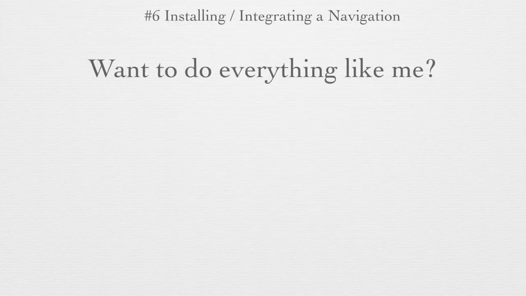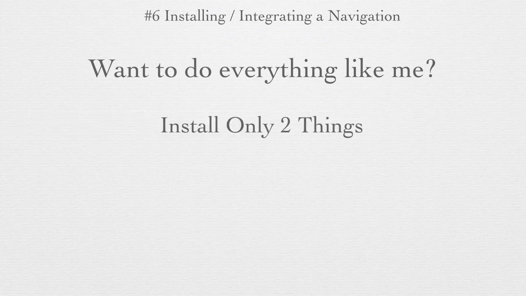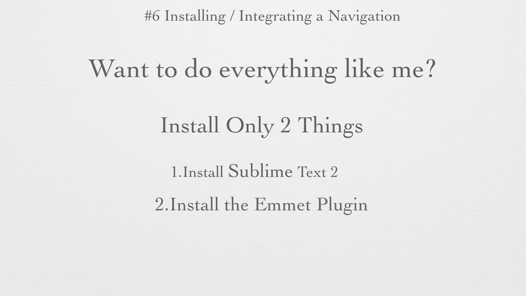Alright, so we're going to be installing a navigation bar. Now, if you want to do everything like me, there are a couple things that you need right now. I don't make money by advertising these people, but I use Sublime Text, and I use the Emmet plugin. If you want to know how to install that, follow the links below this video, and I'll show you how to do that. You don't have to do that.